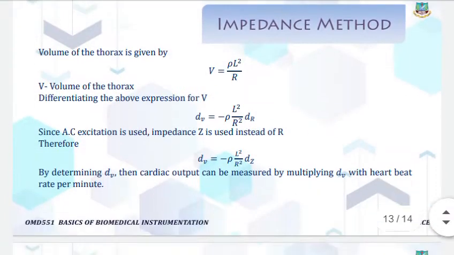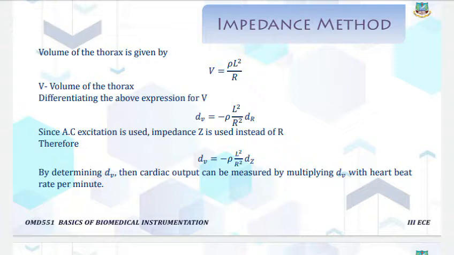Next, the volume of the thorax V is equal to rho L square by R. Differentiating this equation, we get dV is equal to minus rho L square by R square dR. Since we are using AC excitation, impedance Z is used in place of R. So dV is equal to minus rho L square by Z square into dZ.